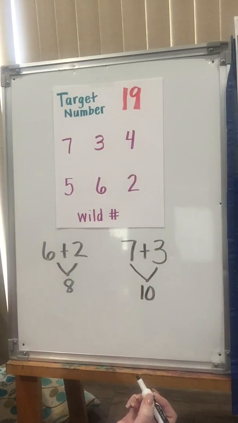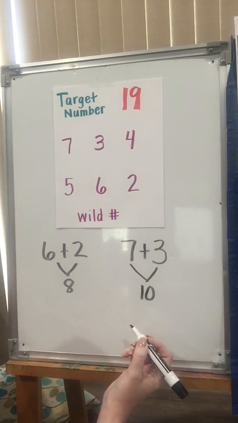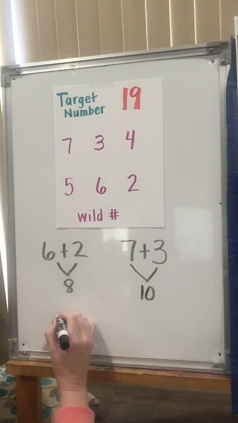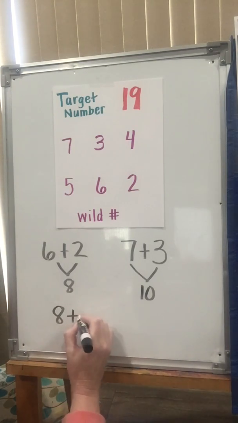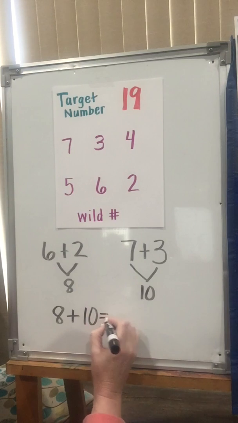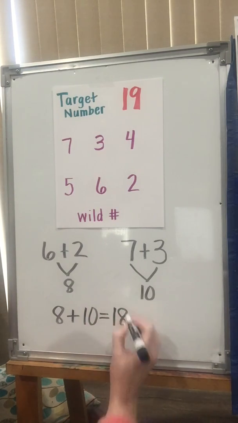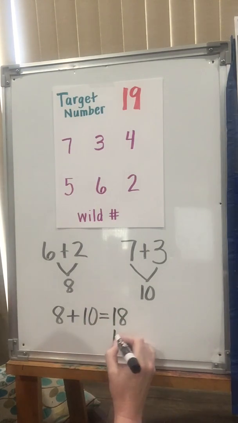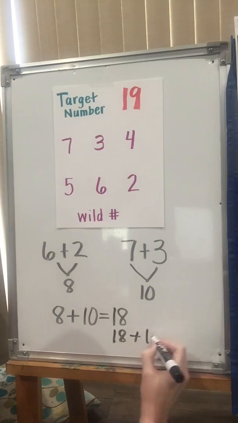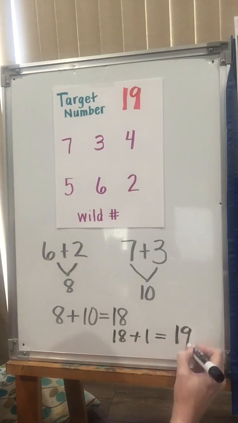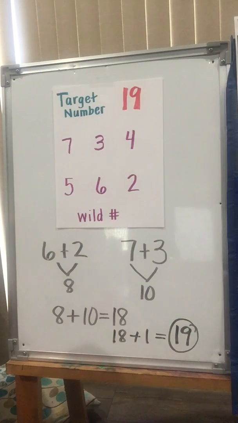And then I'm going to use the number 1 as a wild number. So if I take 8 and 10, I know that 8 and 10 altogether is 18. And then 18 and 1 more is 19, and that's our target number. And so that number 1 was the wild number.